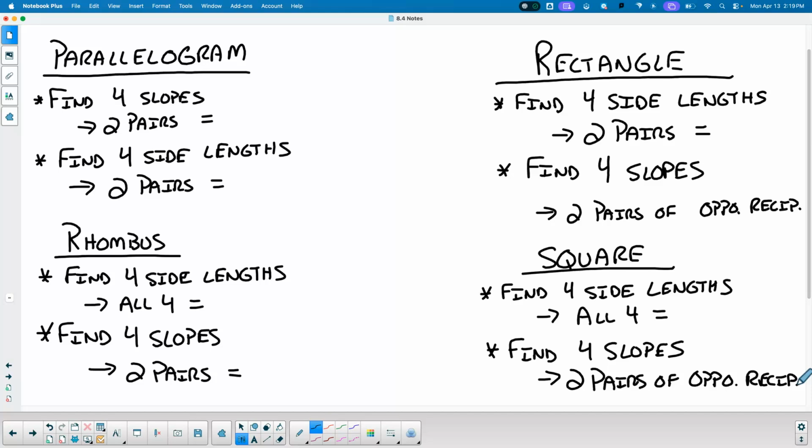If it's a parallelogram, you're gonna have two pairs of equal slopes, two pairs of equal side lengths. If it's a rhombus, you're gonna have two pairs of equal slopes, all four side lengths are the same. If it's a rectangle, you're gonna have two pairs of equal side lengths and two pairs of opposite reciprocal slopes. If it's a square, two pairs of opposite reciprocal slopes and four equal side lengths.